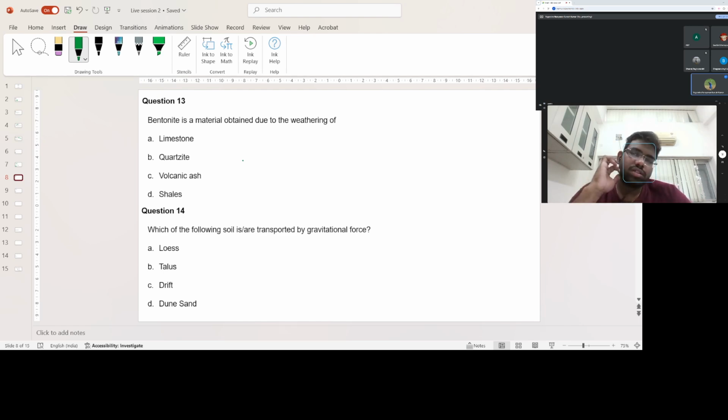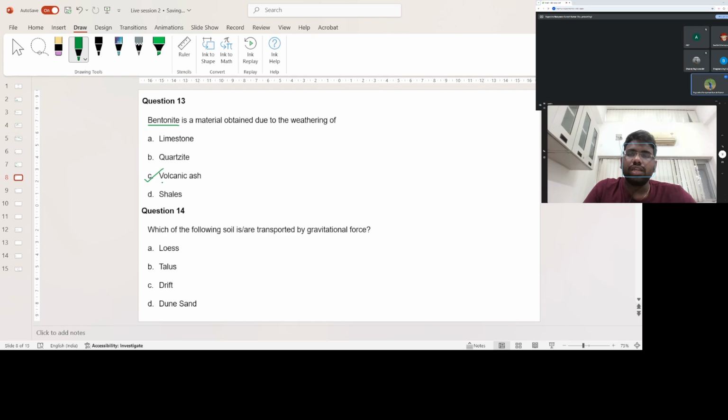Actually, C is volcanic ash. The right answer is volcanic ash. On chemical weathering, it gives a finer material, because bentonite is a relatively finer material.